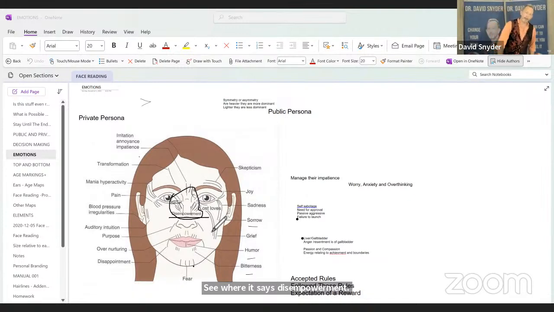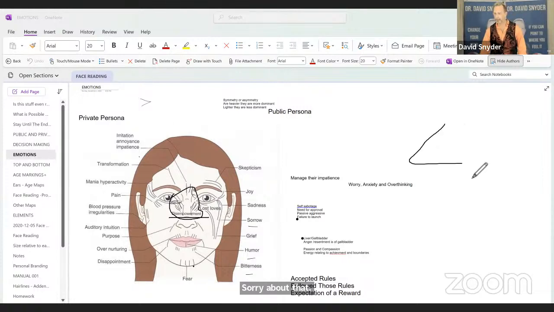If you see somebody that has these wrinkles that go diagonally down the side of the nose, so literally, if this is the person's nose, this is their eyebrow, right? If you see diagonal lines that travel down the side of that nose, what you're looking at is something my teacher called a disempowerment line.